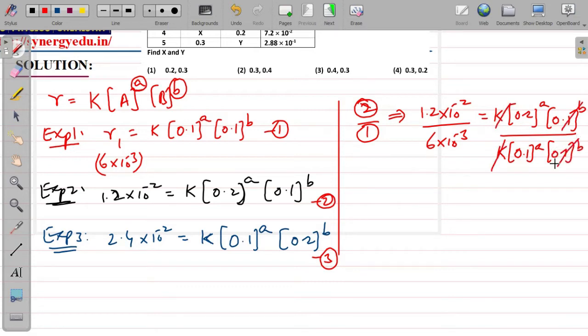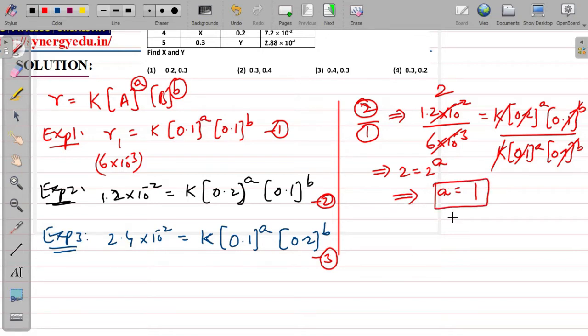Now this cancels out. Then if you simplify, you will get 2 times, and 0.1 also cancelled 1 time. So ultimately you will get 2 is equal to 2 power a, that means a is equal to 1.